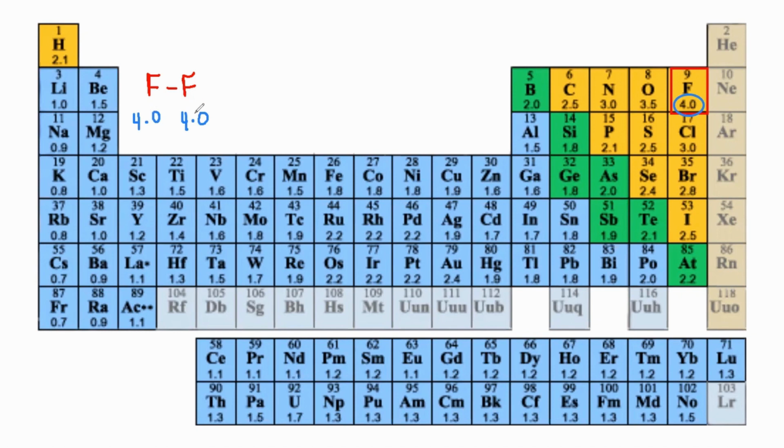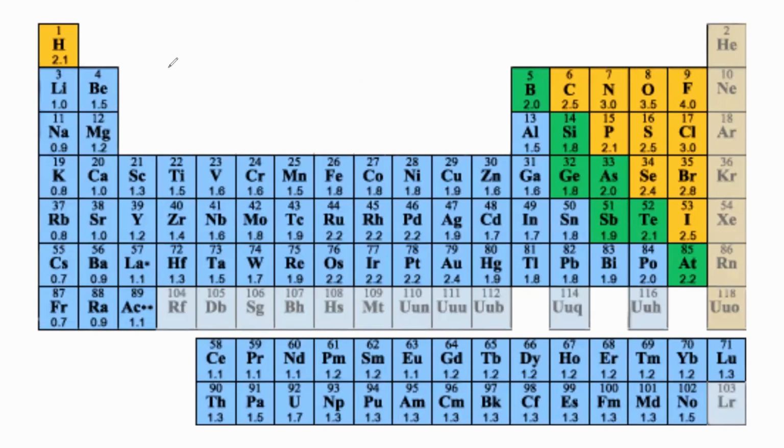We have the same atom pulling equally strong, with the same electronegativity, and therefore we're not going to have a net dipole. And if we look at the electronegativity difference, 4 minus 4 is going to equal 0. So this is definitely going to be nonpolar.